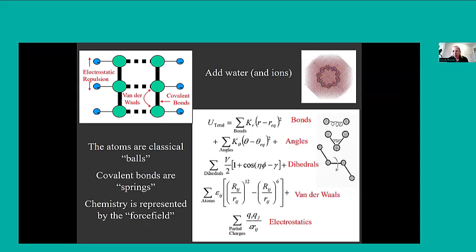And all of these little parameters that you can see in this big equation down here, these are the force field parameters, which are determined empirically, or now what people are trying to do is derive them through machine learning, which of course turns out to be a lot more difficult than was anticipated. But it's going to work sometime.